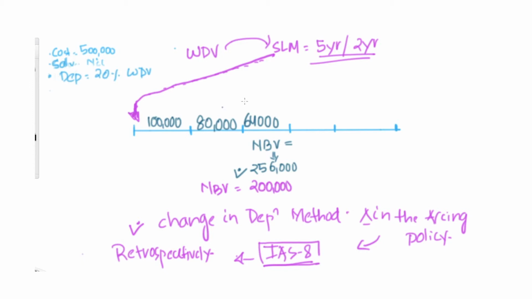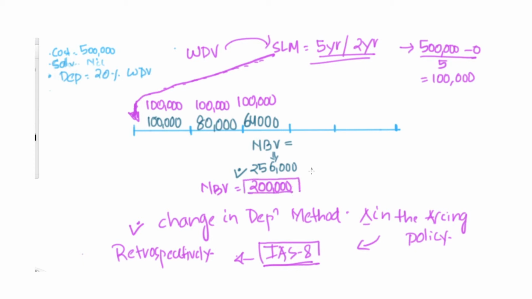How did I compute it? Suppose the cost is 500,000, there is no salvage value and the useful life is 5 years, which means the total amount of depreciation per year is $100,000. So $100,000 of depreciation here, $100,000 here, and $100,000 at the third year. So the total net book value should have been $200,000.